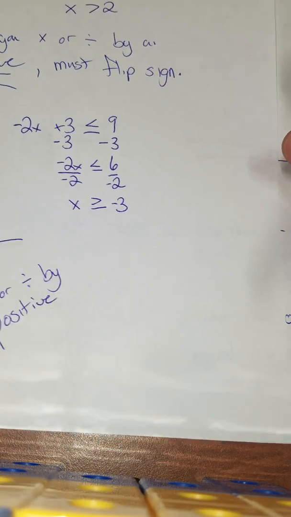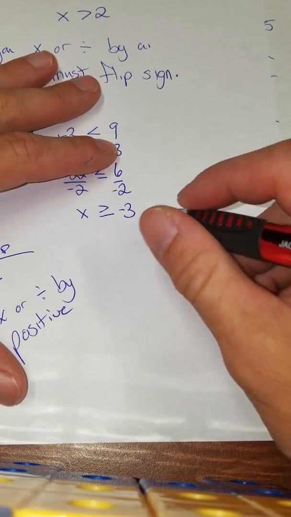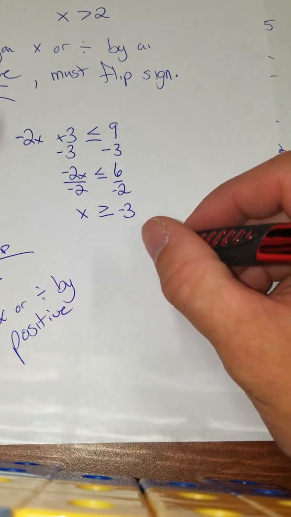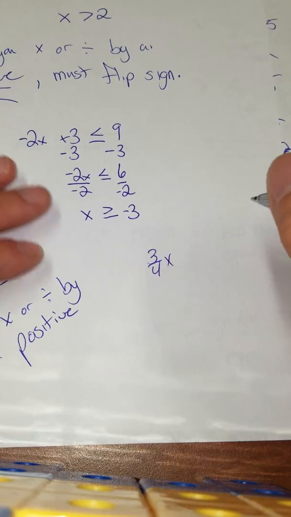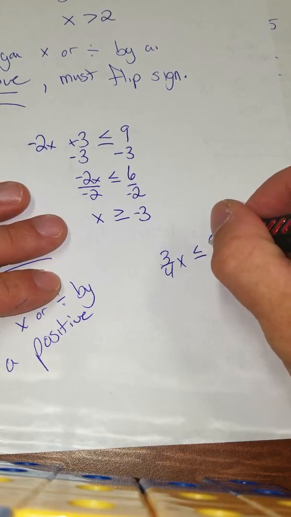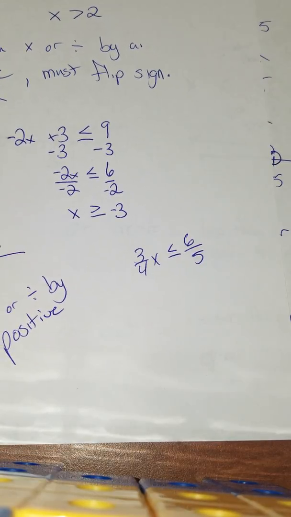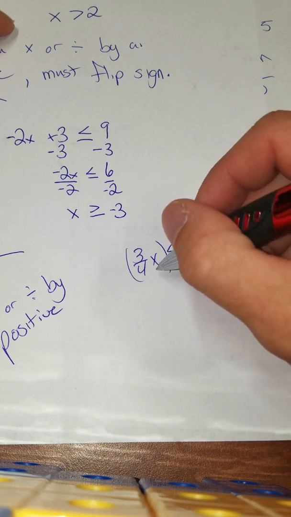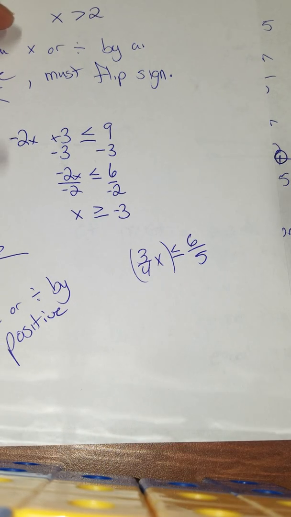Last type of problem that I'm going to work with you on is if you end up with a problem (3/4)x ≤ 6/5. This problem can be difficult because it's a fraction. Well, the way you get rid of 3/4 is you multiply by what's called the reciprocal. Okay?